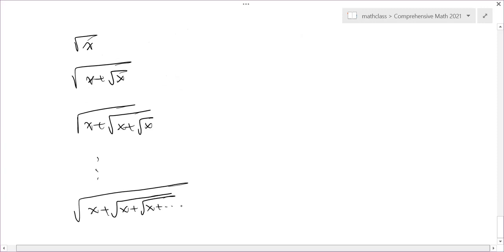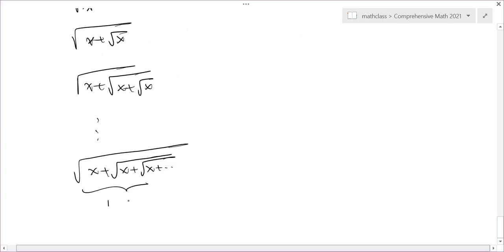So you have n radicals. Okay, now do you think this is a sequence that's increasing? I think so. This is less than that, and this will be less than this.